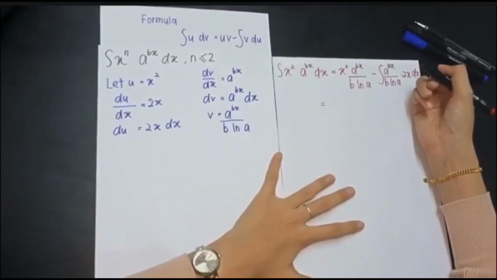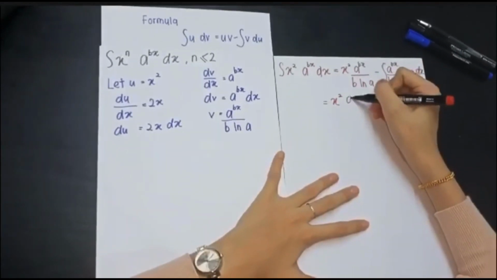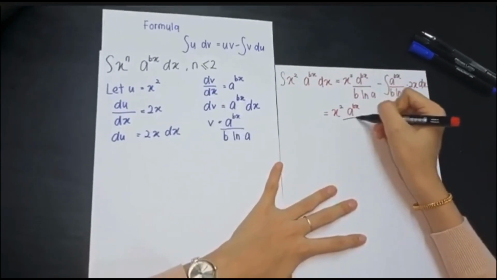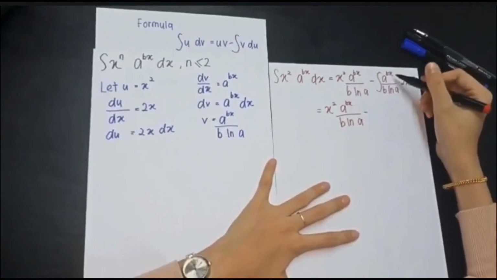So we continue it. We just put our x to the power of 2, a to the power of bx divided by b ln a minus integral v du, so we have to multiply it.